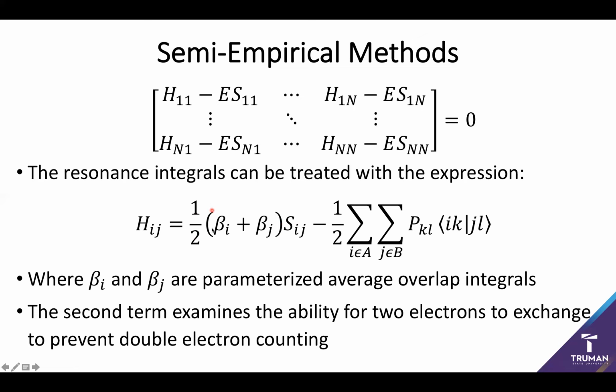So if these parameters were originally taken for, say, a small organic system, semi-empirical will do okay on small organic systems. However, the more different your system is from the one that was originally used to parameterize the semi-empirical method you're using, the less accurate you'll be.